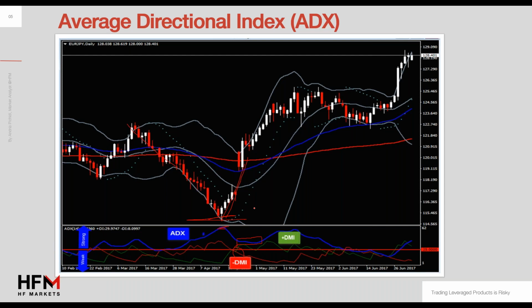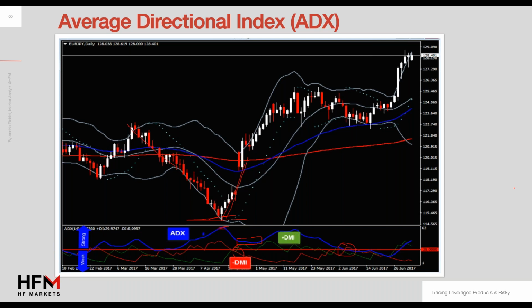A reversal will be confirmed, or it will be a signal to get out or wait, as soon as we see the ADX moving below 25. That will be a sign that something is changing and the sentiment is changing. So if you see ADX falling, it doesn't mean you need to take action that very moment.